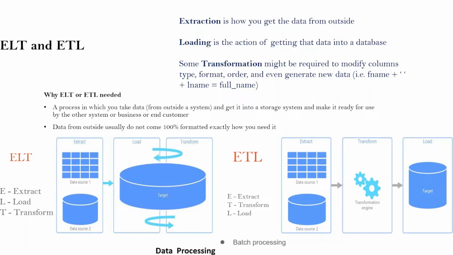So that part comes under L, and then T represents transformations. So what is transformation? Transformation is just a little changing of the representation of the data. The data will be the same, but using transformation, you can modify it. So let's say your source system is storing the name of the person in 2 columns, first name and last name.